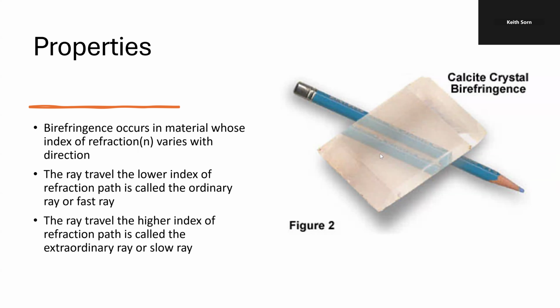Ordinary ray is the one that passes through the lower index of refraction. So the pencil under the crystal that's contiguous with the rest of the pencil, what I'm pointing to here, is going to be the ordinary path for the light. This second image here is going to be the extraordinary ray or the slow ray.